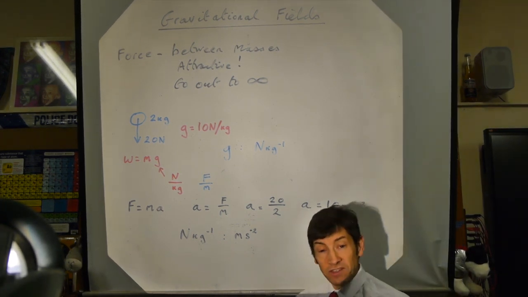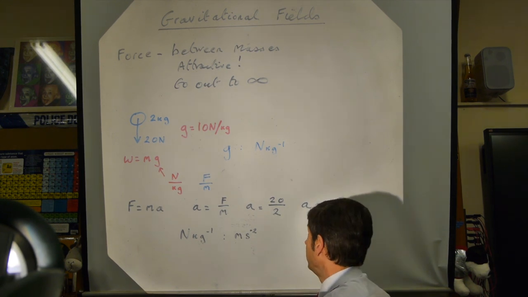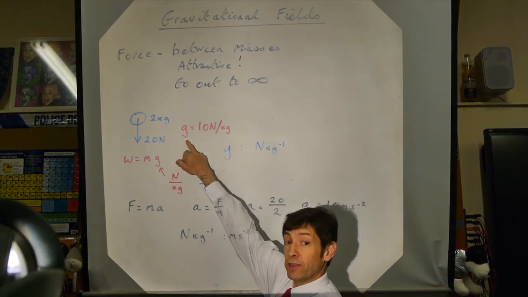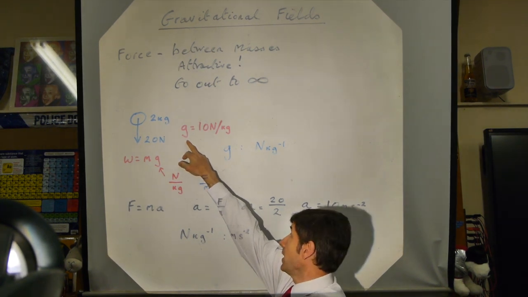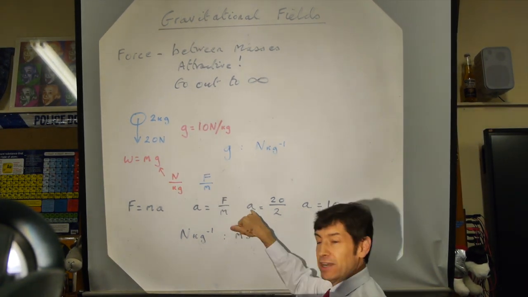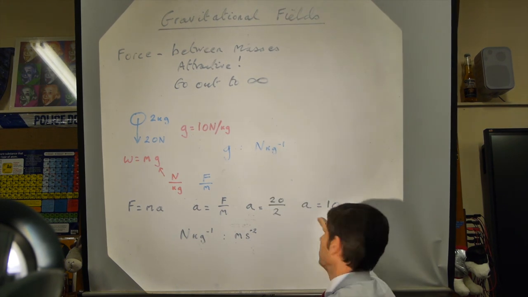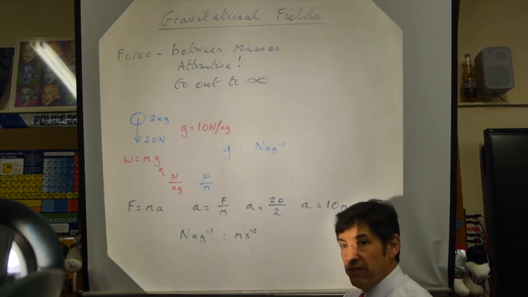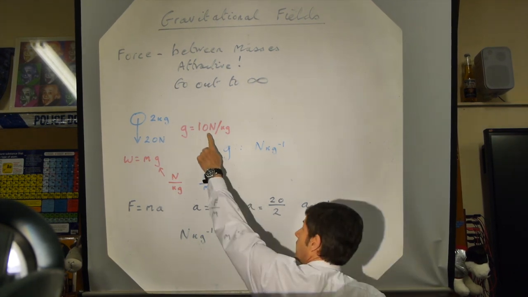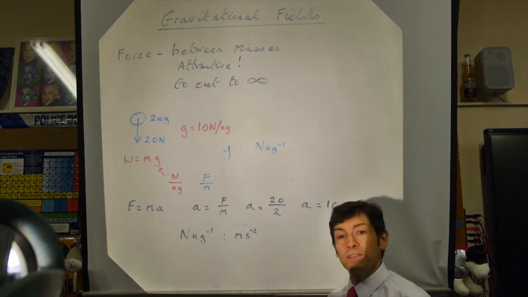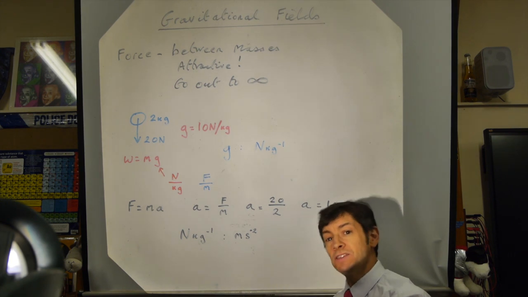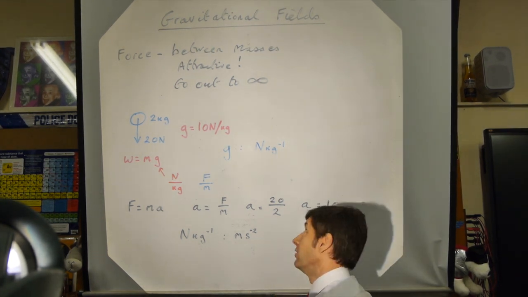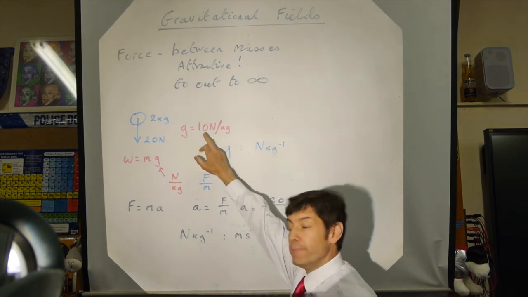Now this is interesting because if you look at it, g, the gravitational field strength acting on this mass, and its acceleration are identical numbers. And this is not a coincidence. If you know the gravitational field strength at any point in space, if you were to release an object there, it will accelerate with the same number.